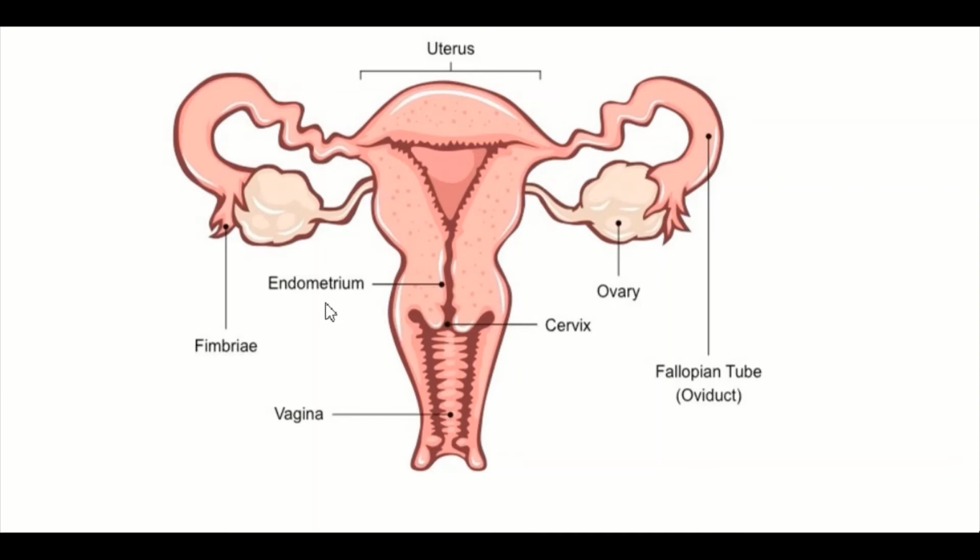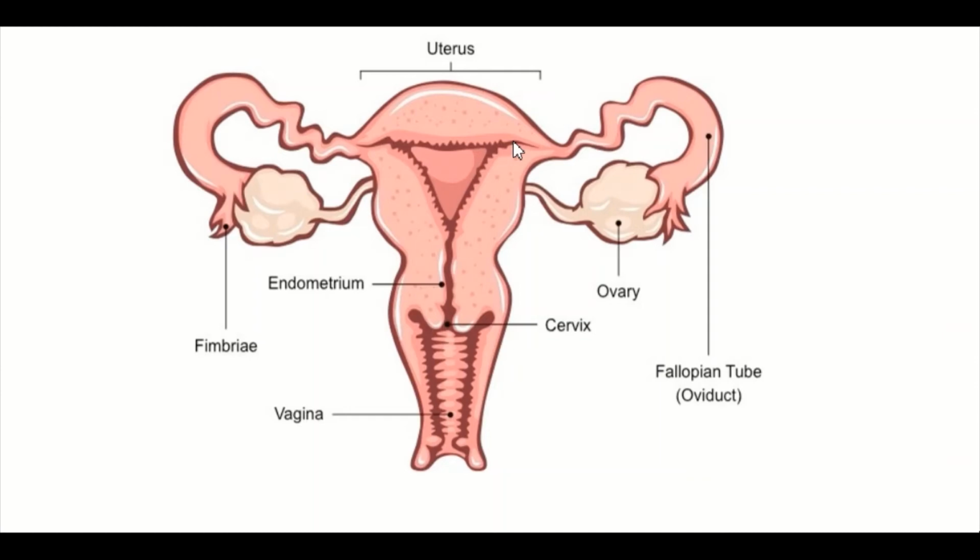And then right here you have this canal, which we call the uterus, which is used to carry the growing embryo and the fetus during gestation. You can see in this label the uterus is all of this here. And then here, this is the lining of the uterus, which is called the endometrium.